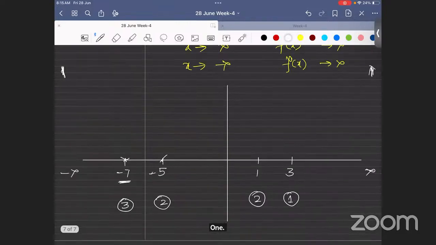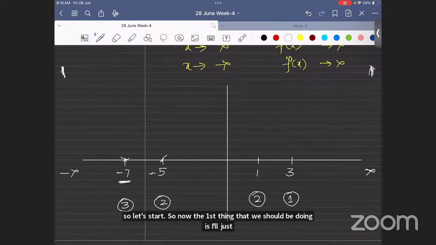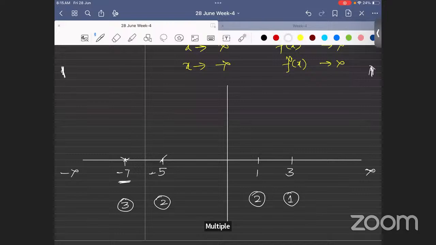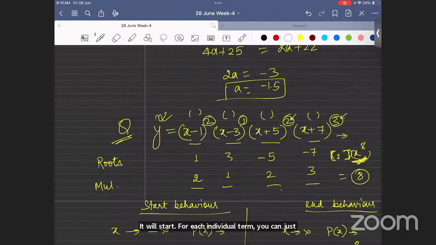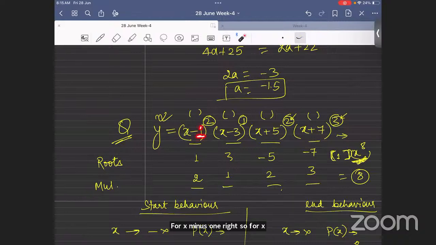Multiplicity is how many times a root occurs. For each individual term, for example x minus 1, the root is 1, correct? And how many times is the root 1 occurring? That is 2 times.